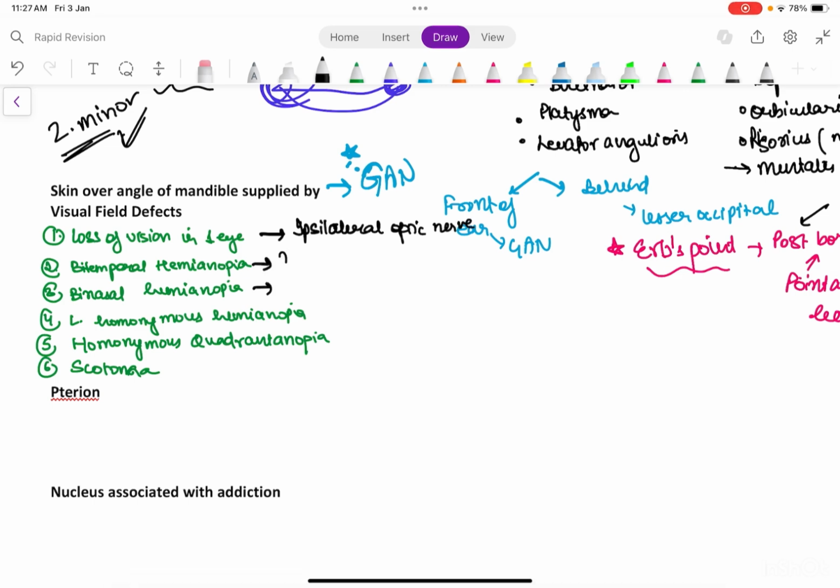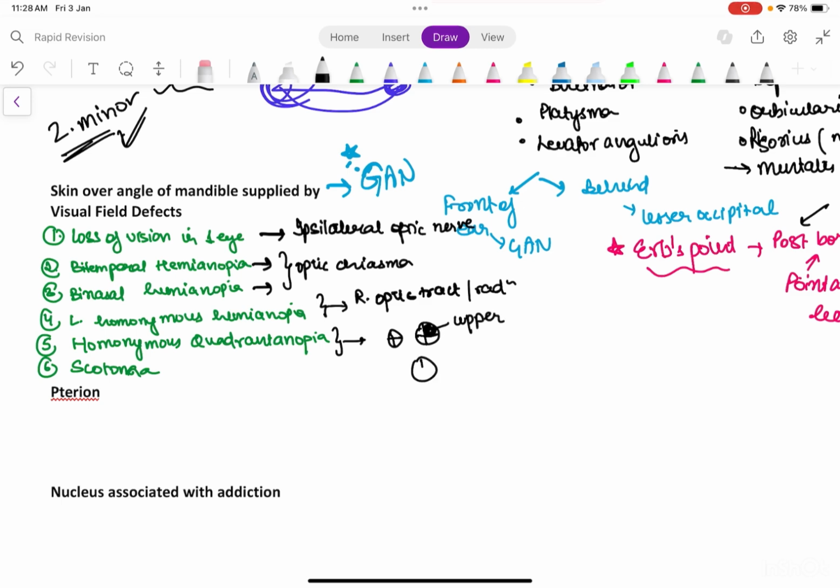Bitemporal hemianopia and binasal, both of them are by optic chiasma. Left homonymous hemianopia, so right optic tract or radiation. Then homonymous quadrantanopia, basically you divide it like this. Either it can be upper or it can be lower.